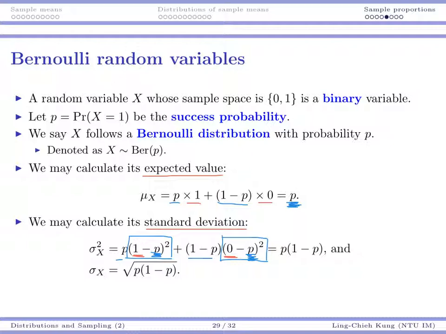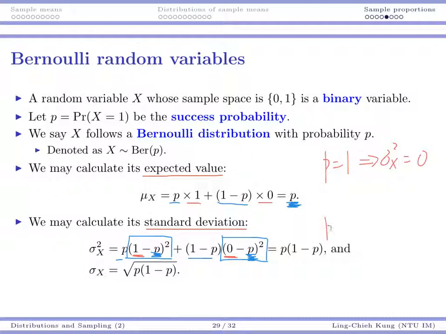So one thing that is interesting is, when do we have the largest variability? Now think about this. Suppose your P is 1, then your sigma square X would be 0, which makes sense. For example, for NTU students, if all of them are boys, then there is no randomness. When you select one guy, it must be a boy.